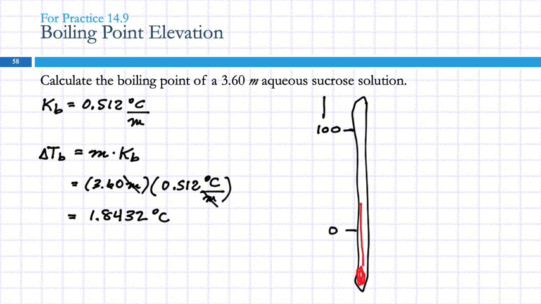The boiling point goes up, the freezing point goes down. So we need to go 1.8432 above that, and so it's 101. Let's see, 3 sig figs, 0.84.